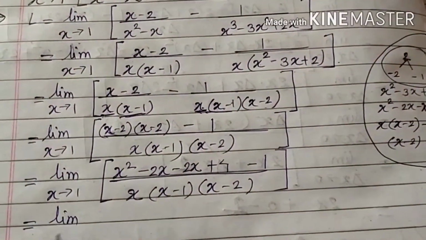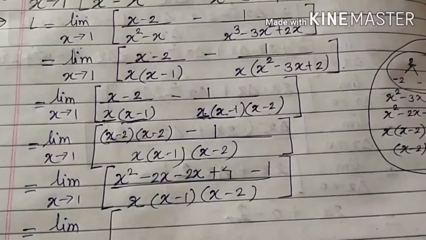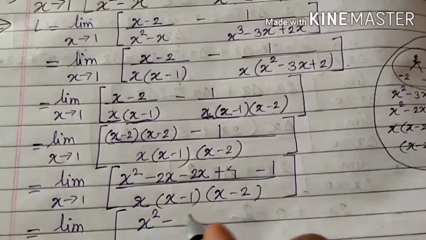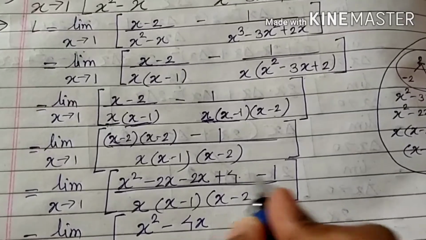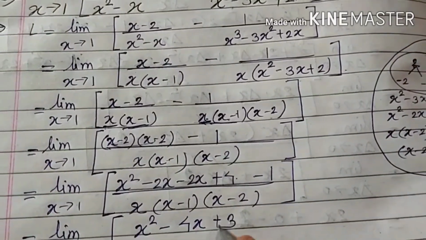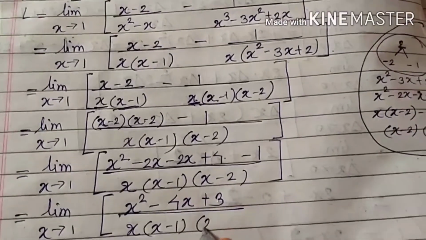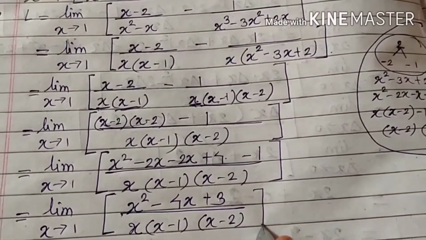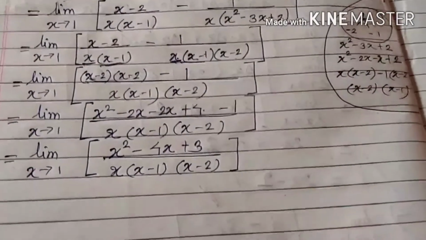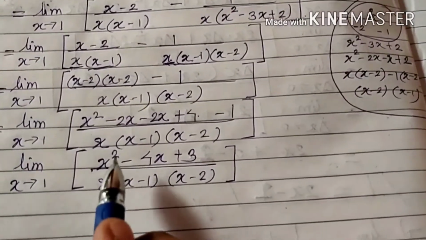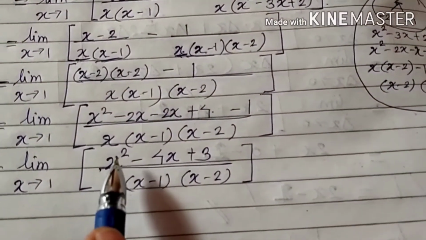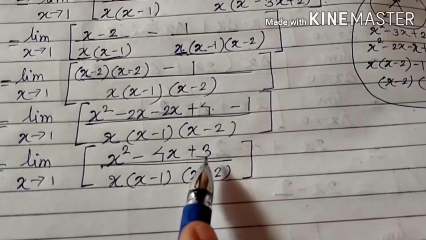So limit x tends to 1, x square minus 4x plus 4 minus 1 which is plus 3, and this is x minus 1, x minus 2. Now again we get a quadratic equation. You can observe that this is x square minus 4x plus 3.